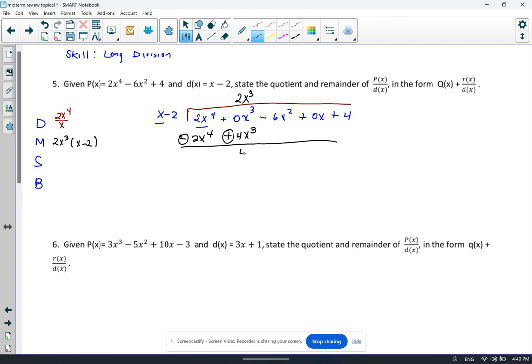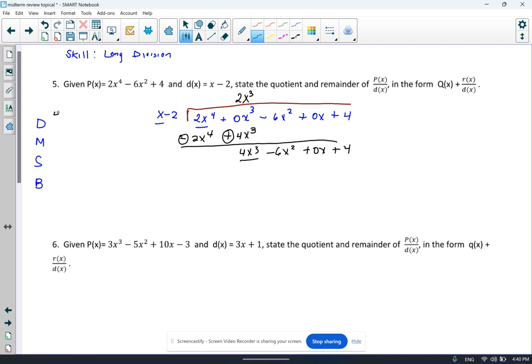You bring down, and you get 4x cubed minus 6x squared plus 0x plus 4. Then you look to see if you can divide again. Is 4x cubed divisible by x? Yes. As long as what you're dividing has an exponent that is as large as the one from the divisor, you can keep on going.